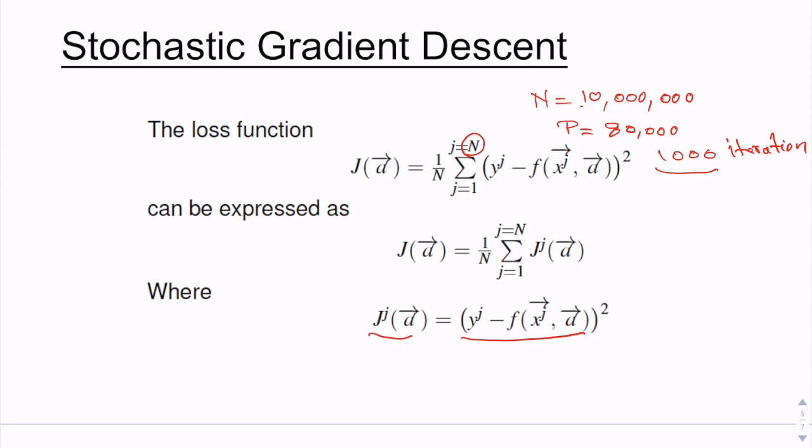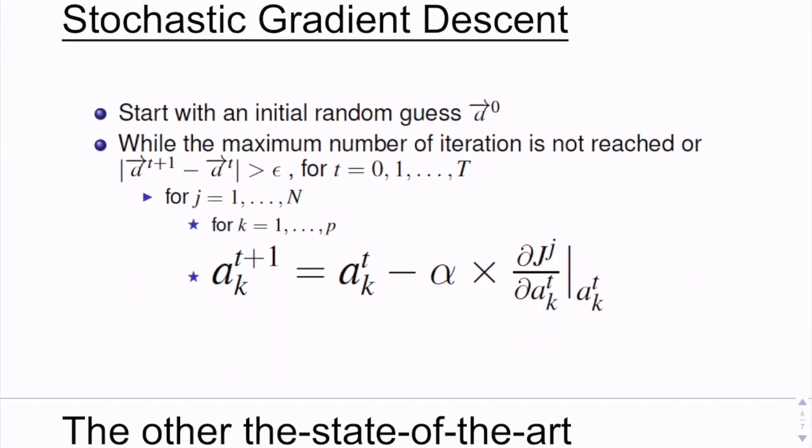The total error or loss is a sum of the small errors for each sample for the current parameters, and we define the loss with superscript j, meaning the jth sample, as a function of y^j, the output, and the function of the input x^j. The stochastic gradient descent algorithm is very similar to gradient descent, but instead of summing over all samples to compute the loss function, it only considers the loss for one sample.